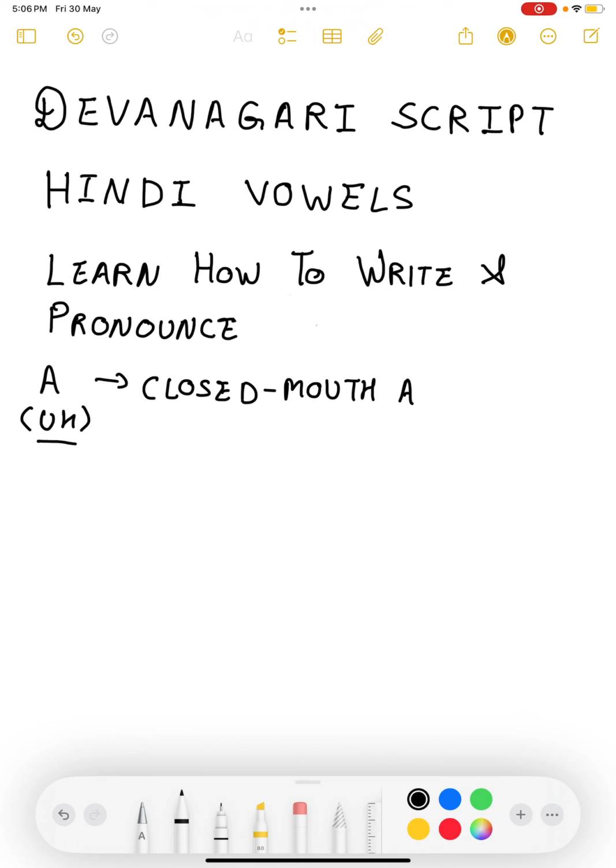sound. And if you are writing Hindi words or sentences typed out in English letters, transliterating it in English, then the best way to note down this particular letter a is using the letter A in English.